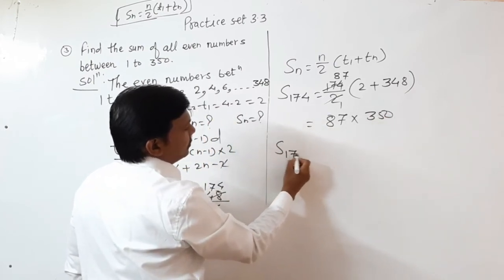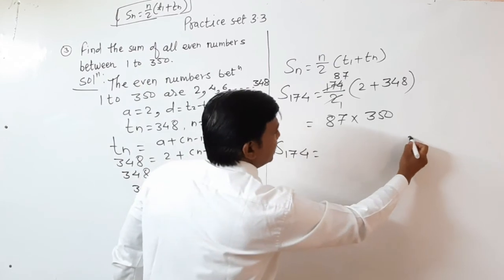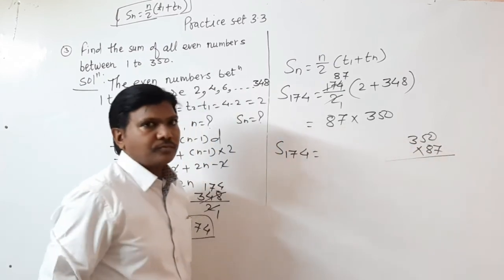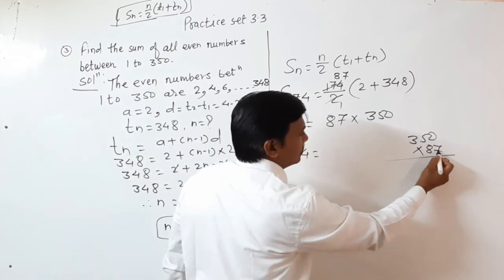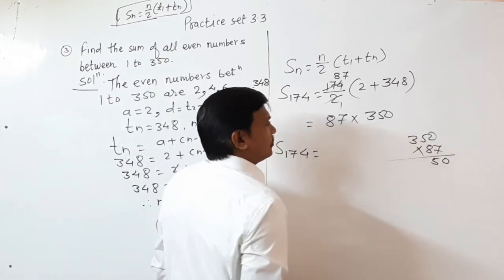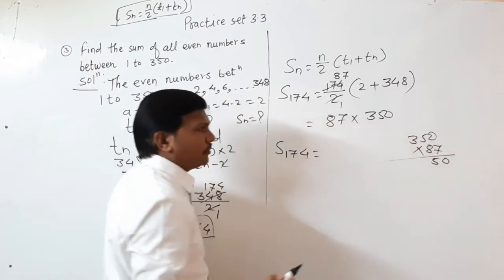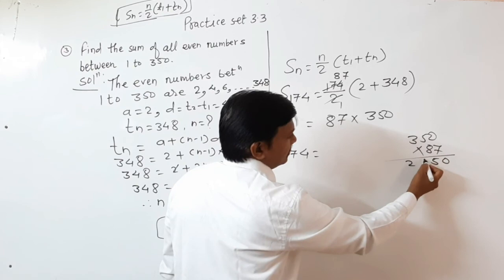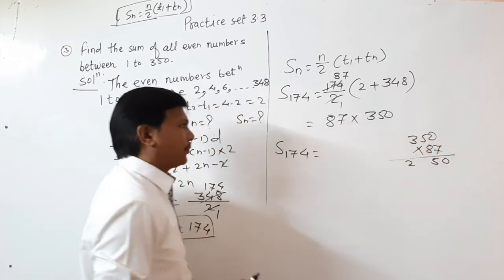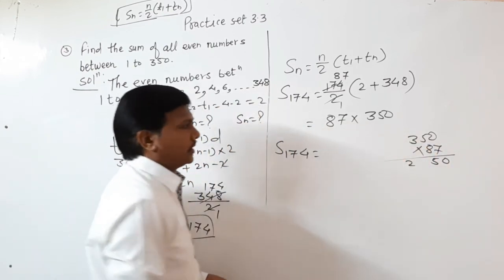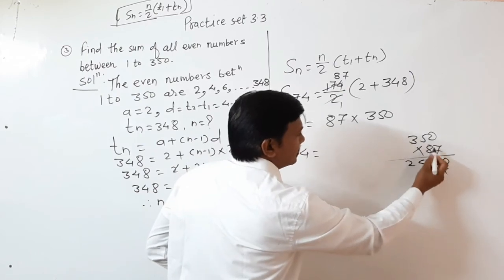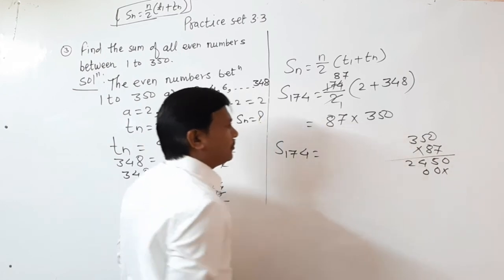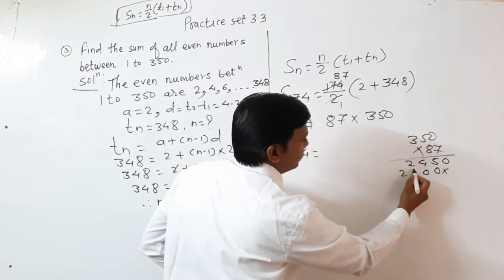So S174 equal to 350 into 87. Then 7 into 0, 0. 7 5s are 35. Then 7 3s are 21 plus 3, that is 24. 1 plus 3, 24, and then 0, then 40, then this 24 plus 4, that is 28.